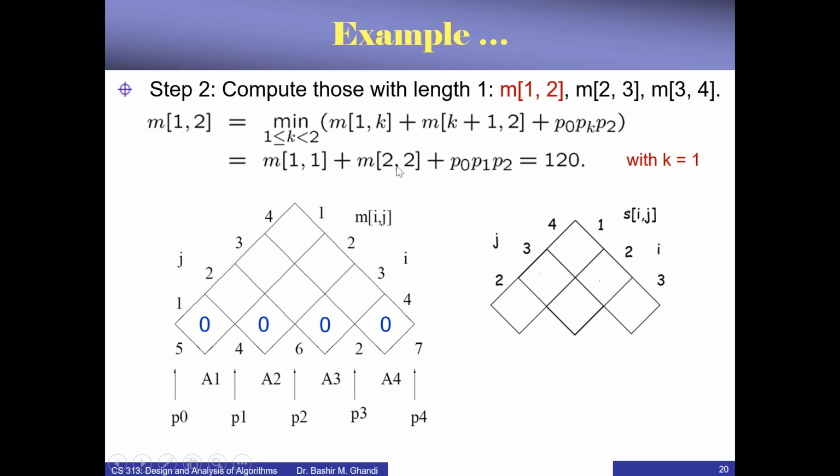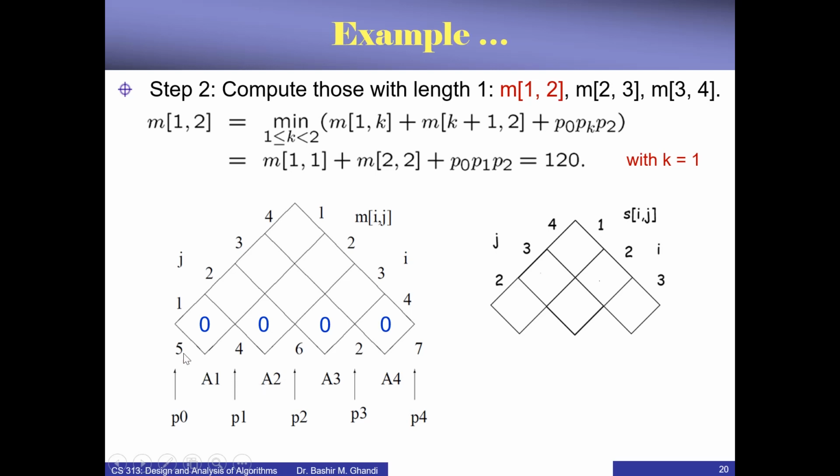Okay. So 0 plus 0 plus, what is this? P0 is 5, as you can see here. P0 is 5 times P1 is 4 times P2, which is 6.